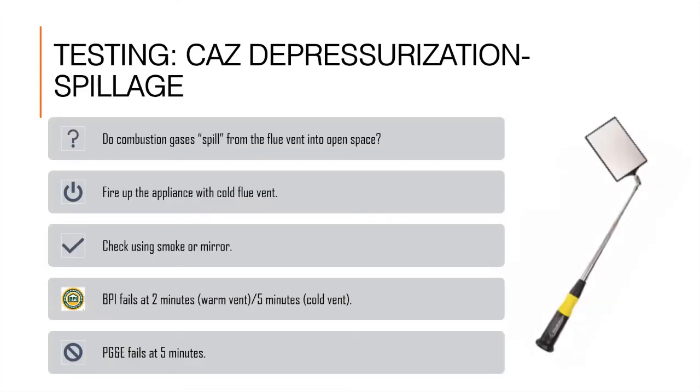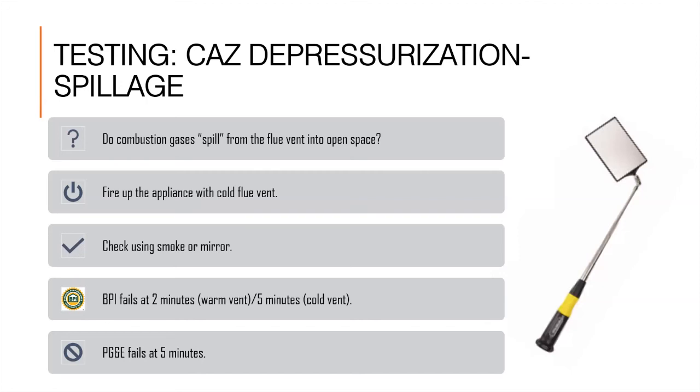With the combustion appliance zone in the worst case depressurization, we follow the testing protocols on how to test each appliance for proper drafting. When you fire the individual appliance, if you do detect the spillage of combustion gases, the appliance gets a few minutes to overcome the depressurization and start drafting appropriately.